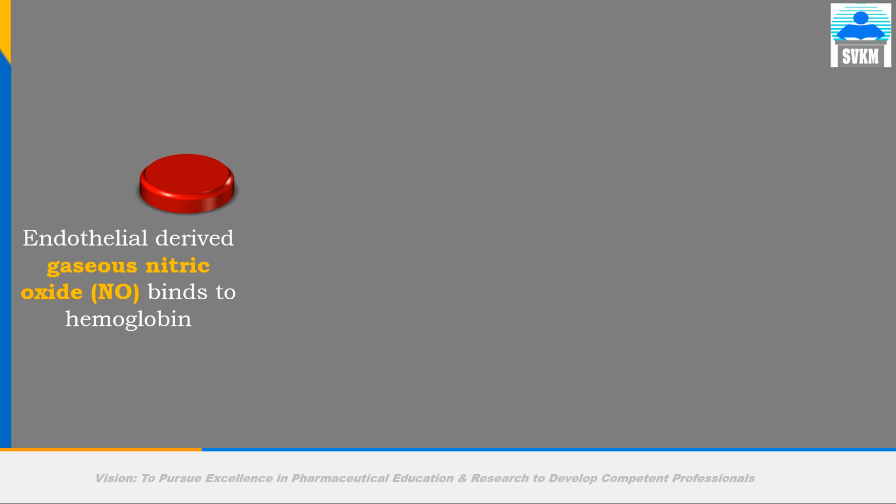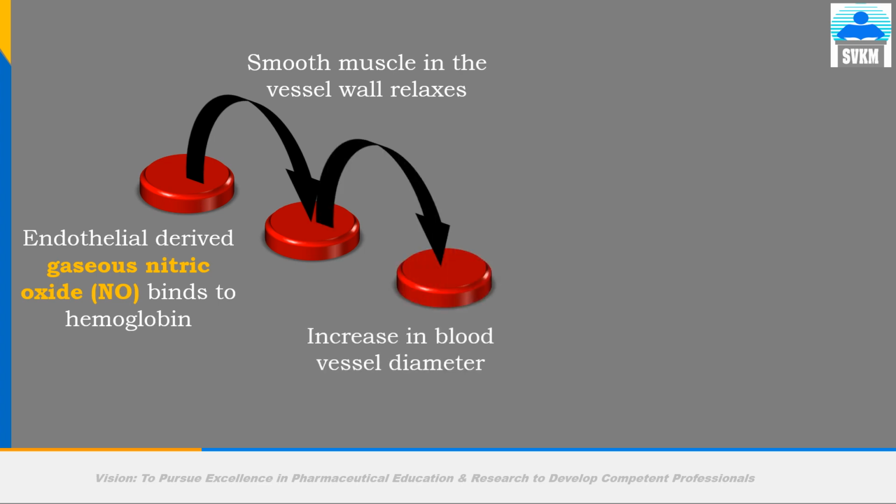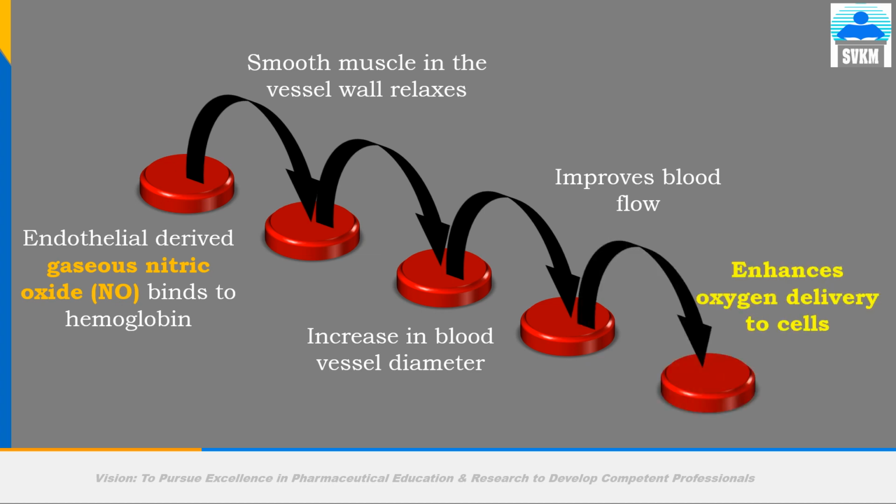The released nitric oxide causes vasodilation, that is, an increase in the blood vessel diameter. That occurs when the smooth muscle in the vessel wall relaxes, which increases the blood vessel diameter, and ultimately improves the blood flow. All these changes bring about the enhancement in the oxygen delivery to the cell.